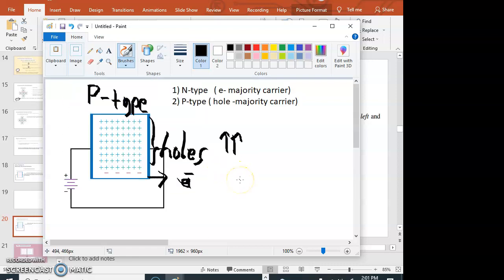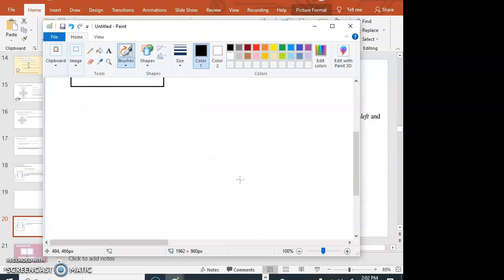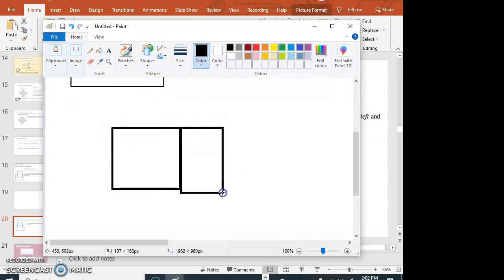The next question is, what happens when we combine the p and the n-type material? So combining now the two materials, let's say this is now the p material and this is now the n material.